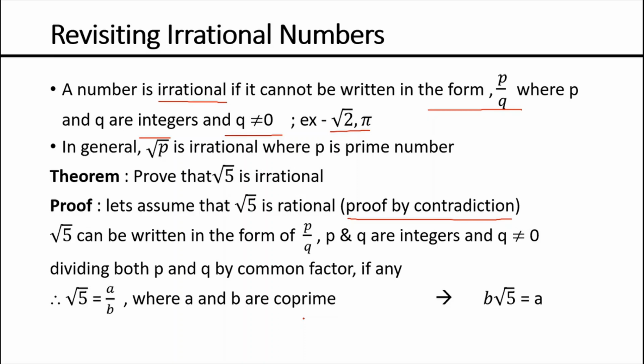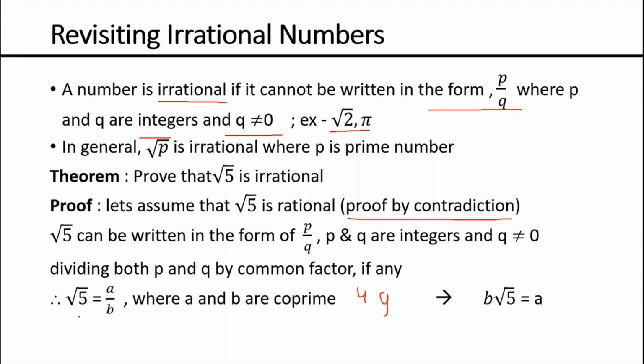Co-prime numbers are those numbers which don't have any common factor among them. For example, 4 and 9. Even though both 4 and 9 are not prime numbers, 4 can be represented as 2 into 2, and 9 can be represented as 3 into 3. Since they do not have any common factor, they are known as co-prime numbers.